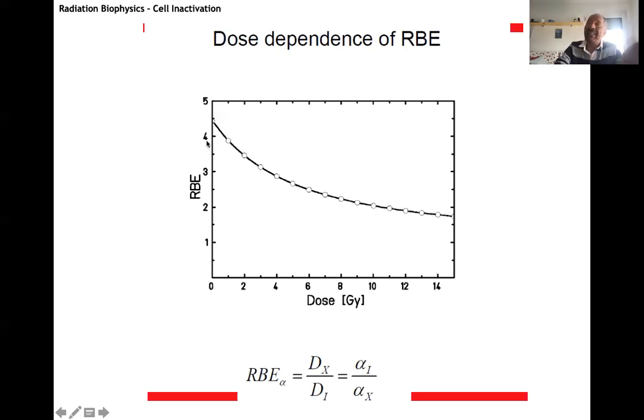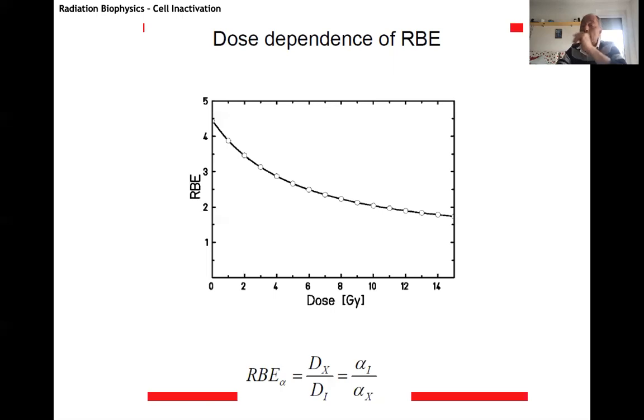Generally speaking, the highest RBE will be the ratio of the alpha factors, the extrapolation at dose 0, which is the alpha of the ion divided by the alpha of X-rays. This ratio is the maximum RBE. And in fact, this is generally what is used in radiation protection. The weighting factors in radiation protection come from the ratio of the alphas.